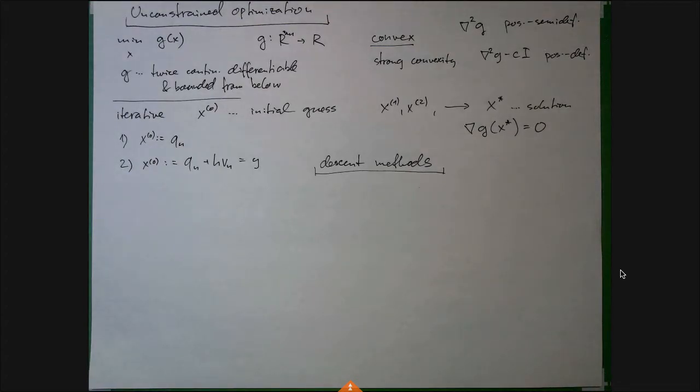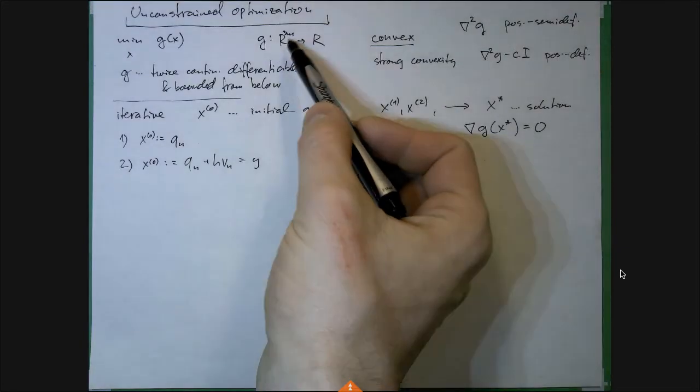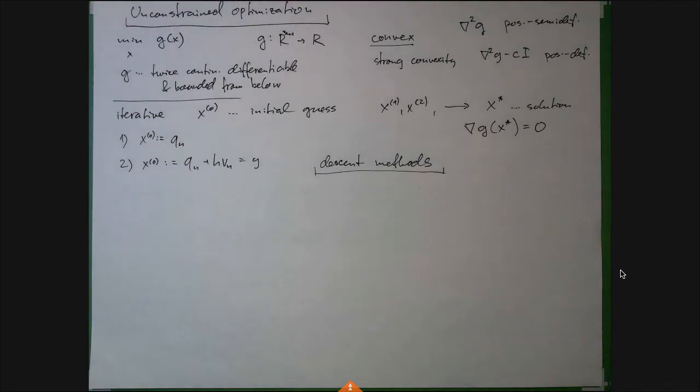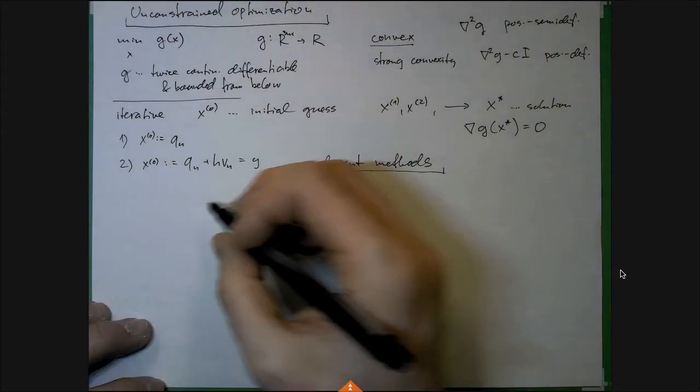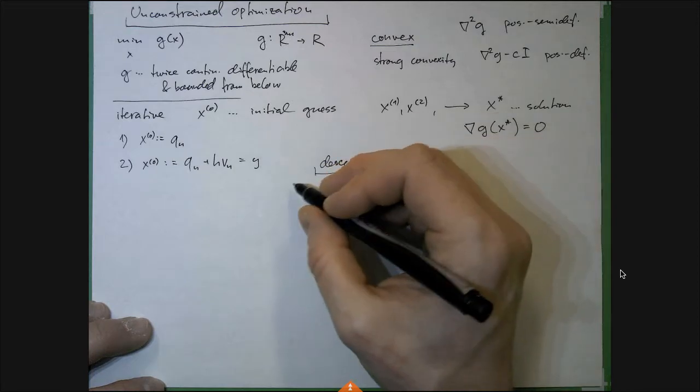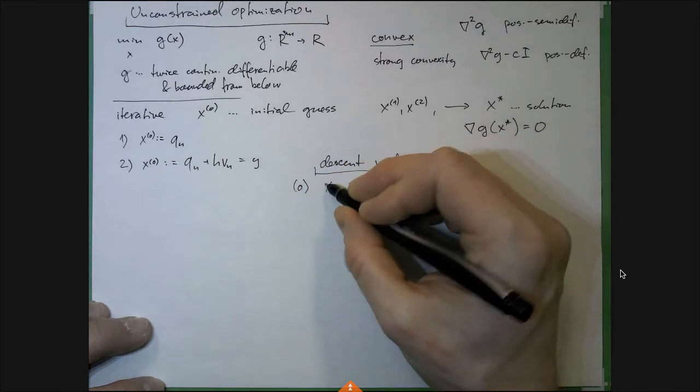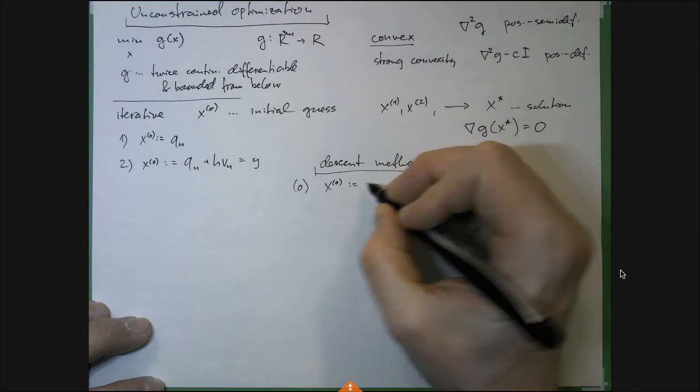The idea of descent methods is to pick a descent direction, a 3m dimensional vector, and then minimize the function by going in this direction as far as we need to, then pick a different direction. So let me write it properly. Step 0 of the algorithm would be that x0 is our initial guess.